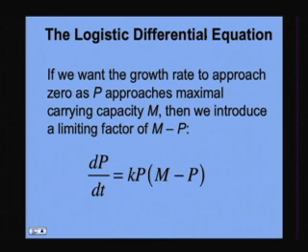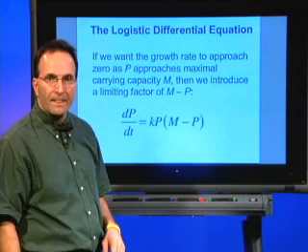If we want the growth rate to approach 0 as P approaches a maximal carrying capacity, which we call M, then we introduce a limiting factor of M minus P. So the equation becomes dP/dt equals kP times the quantity M minus P.